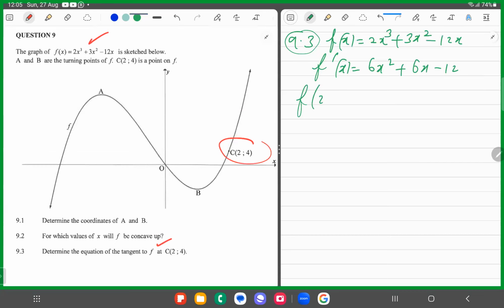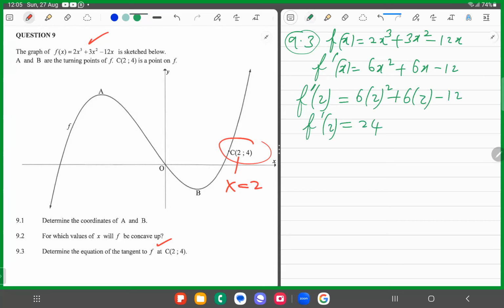We evaluate this at 2. You square it because x is 2 at c. So you evaluate at 2 and then the answer is what? The answer is 24.